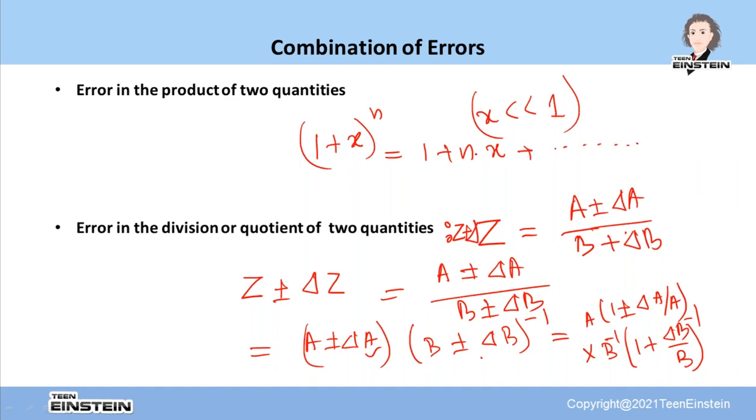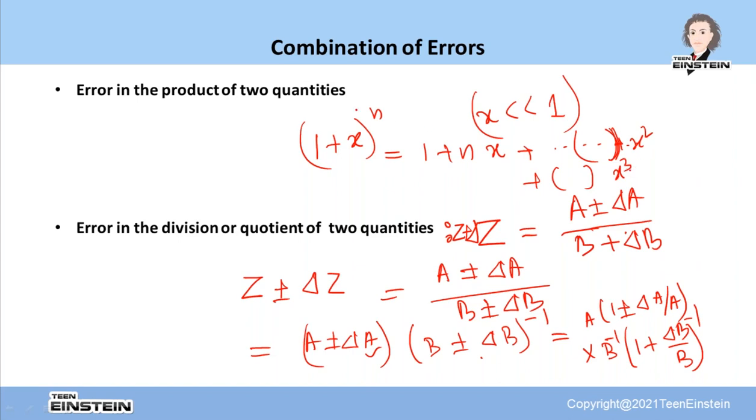Since x is very small, further you will get x square with some associate, then some associate with x cube, like that it will come. So since x is already smaller than 1, I'm just ignoring the x square, x cube terms.